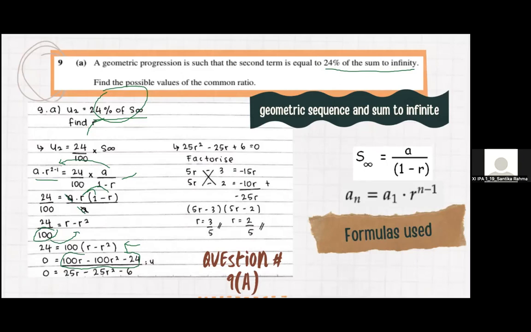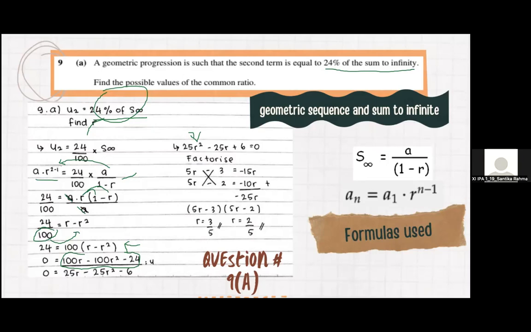Next, we make the equation into 25r squared minus 25r plus 6, and that is from multiplying this equation by minus 1 to get 25r squared as positive.